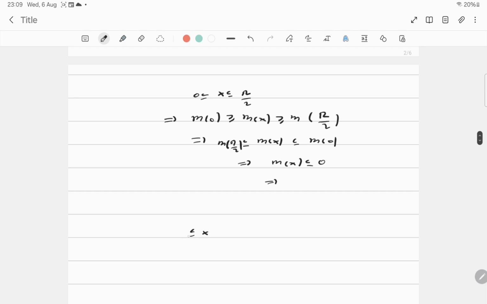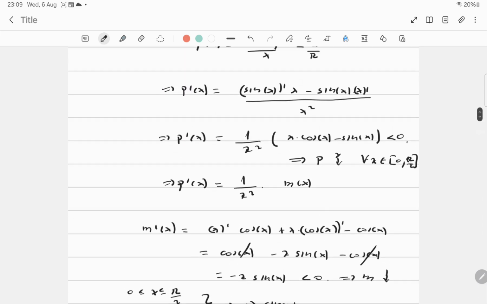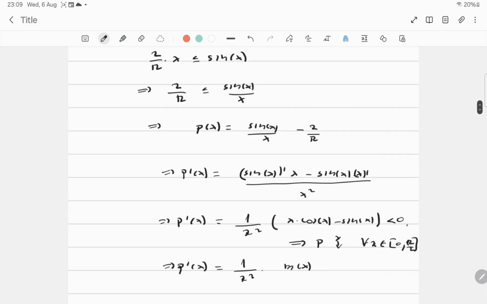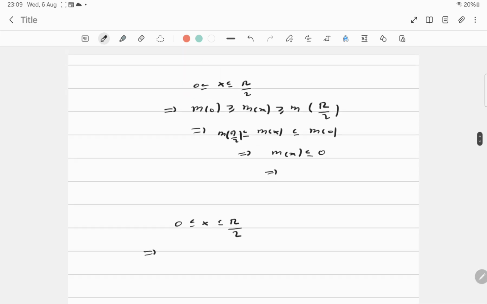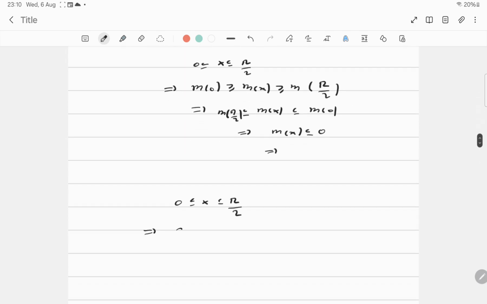So I have p of 0 greater than or equal to p of x greater than or equal to p of pi over 2.